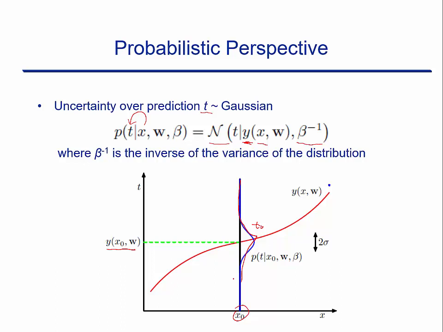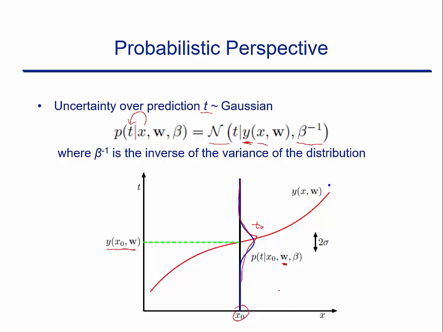Now the optimal situation is, of course, we can obtain a weight vector w, and given that weight vector, for each x0, t0 exactly matches y of x0. So this is exactly what this blue distribution illustrates. So this is a very good estimate of the parameter vector w.